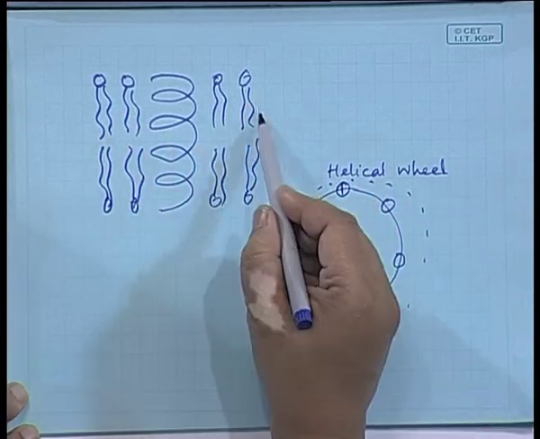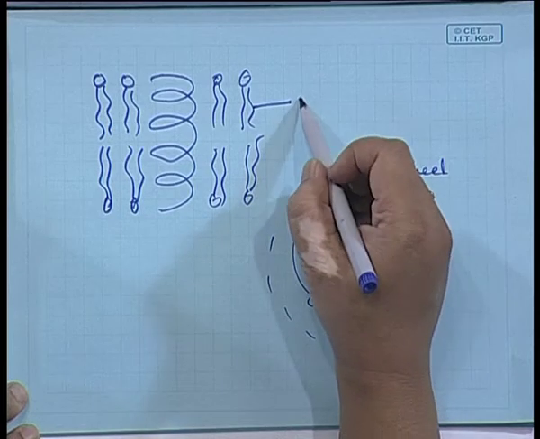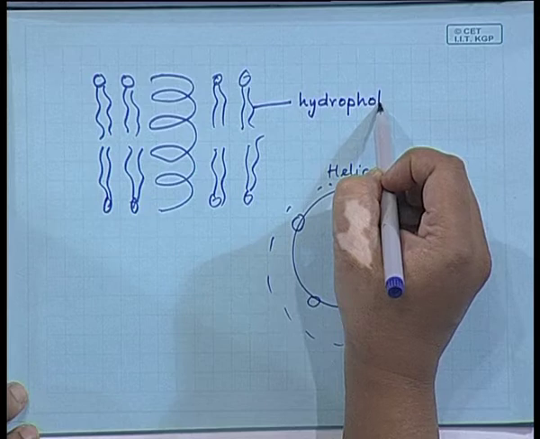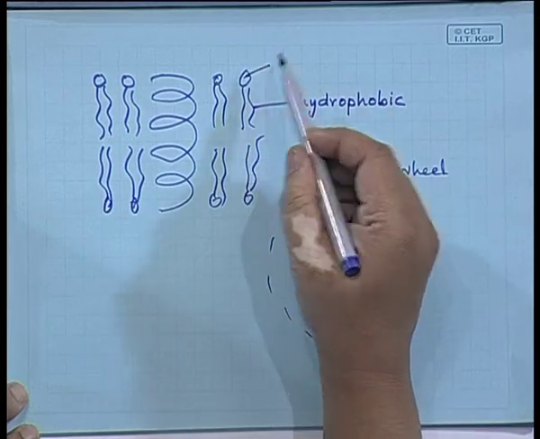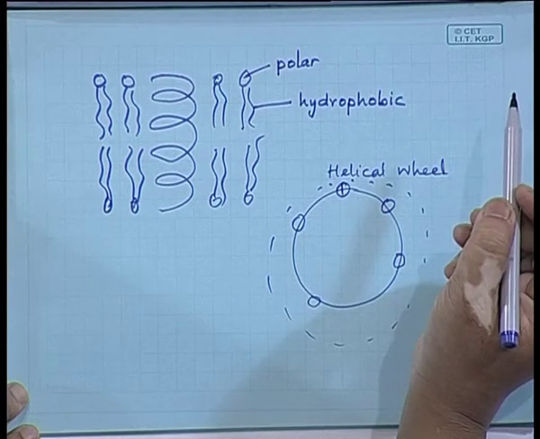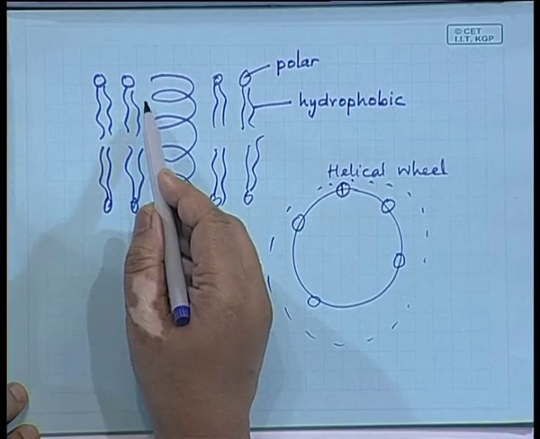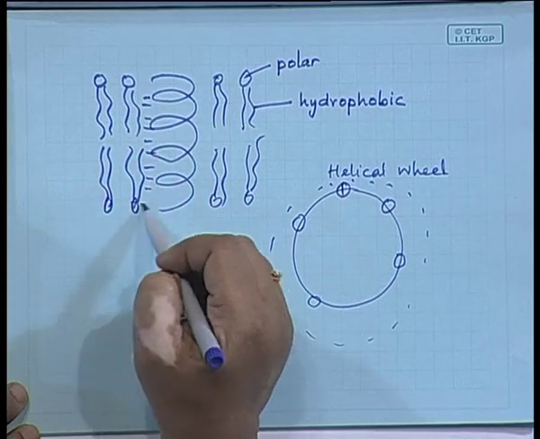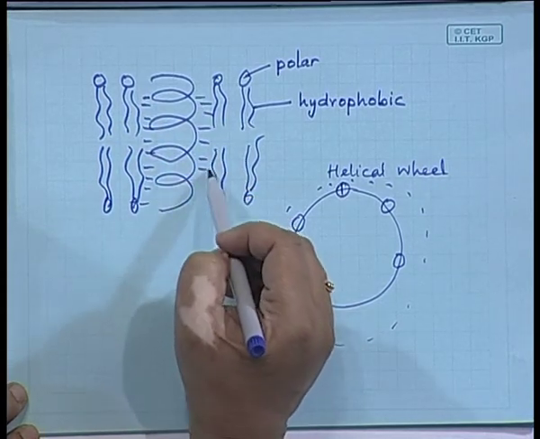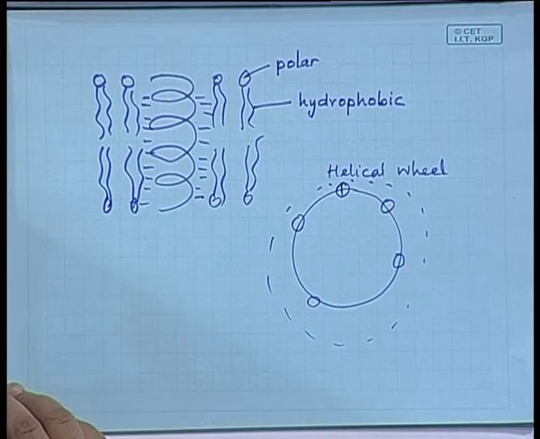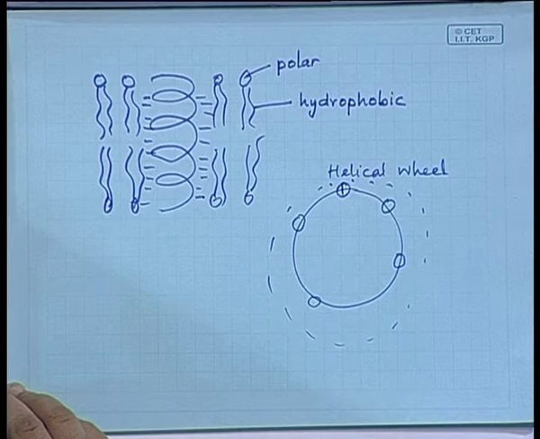What are these? Hydrophobic. What are these? Polar. If I am looking at the side here, so I have my interactions here in the helix and here. My interactions have to be with the hydrophobic tails of the lipids.